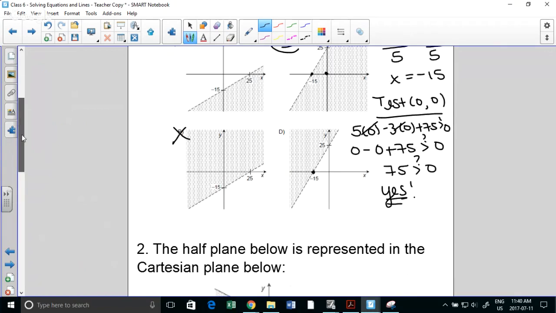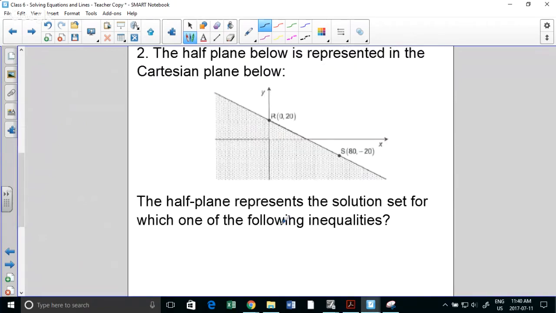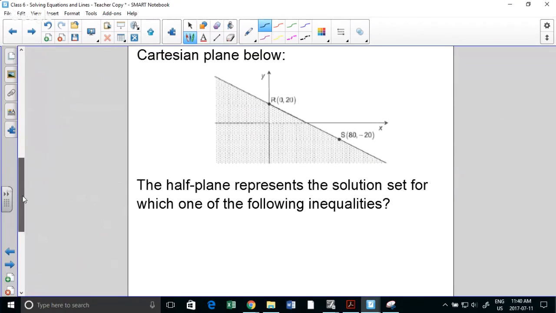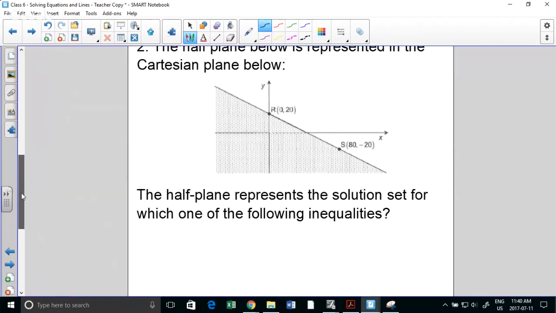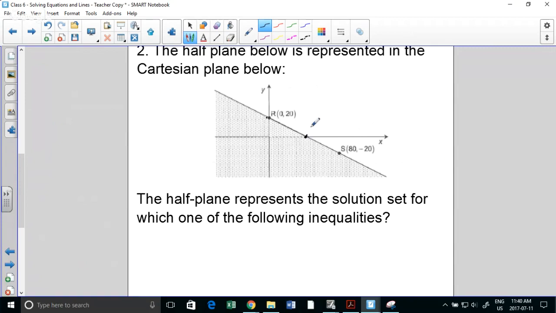The other question is, this really should be a multiple choice, but you could get it as a part B as well. So what ends up happening is you have to create the inequality. In this case, you don't have the two intercepts, so you have to use y equals ax plus b. So I find the slope.